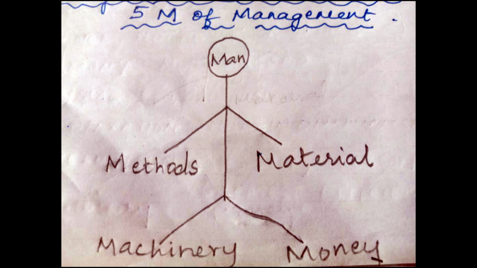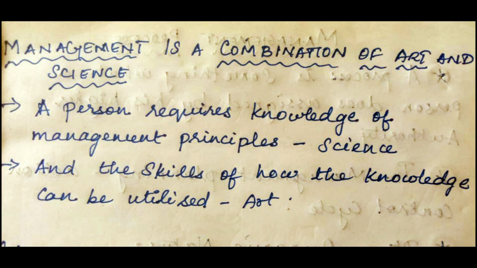And the fifth and very important one, as you can understand from the picture, is man. Without manpower, no organization can function. So this is the most important M in the 5 M's of management. I think you will be able to understand easily with the diagram.